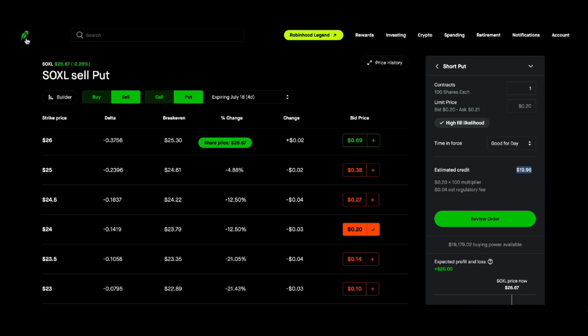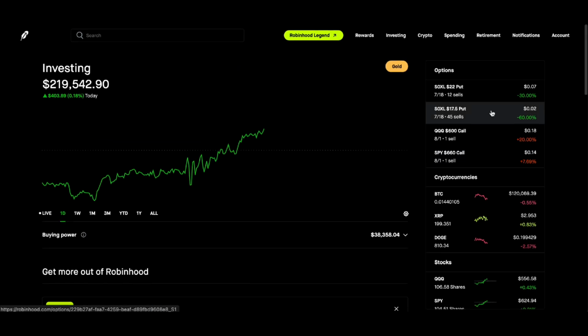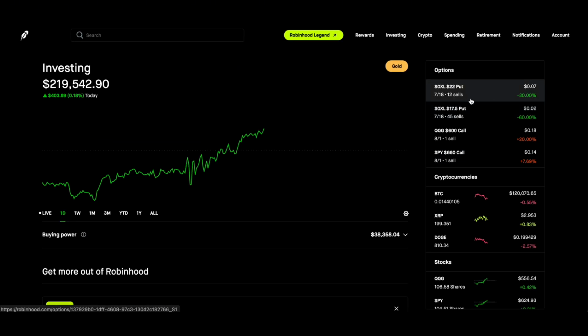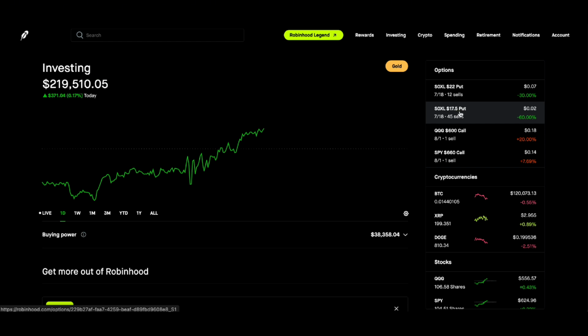What I do with this is, here I'm selling 12 contracts at a $22 strike price. A $22 strike price is more likely to be executed than $17.50. So with my margin money, I sell cash secured puts that are highly unlikely to happen.